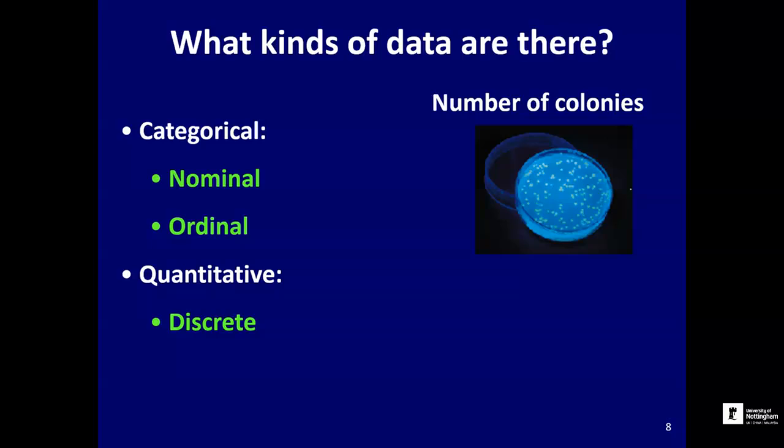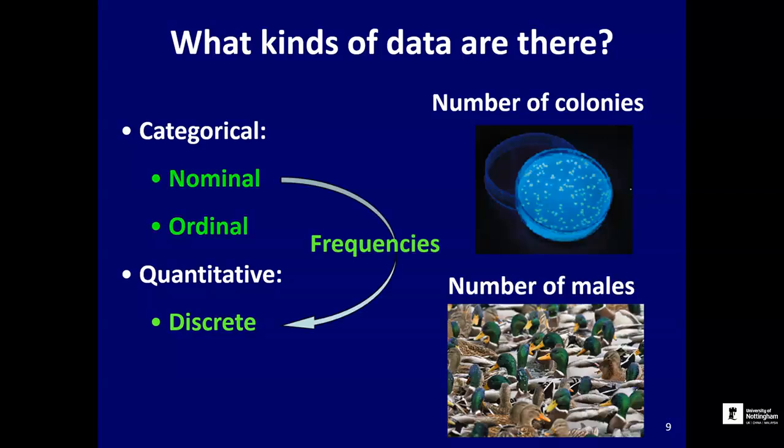I might have 3 colonies, or I might have 300, but you can't have every possible value of that numerical variable. I can't have -6 bacterial colonies, and I can't have 0.2 bacterial colonies. In fact, there are a number of discrete possibilities. I can have 0 or 1 or 2, but nothing in between, and I can't have negative. So this is a classical discrete variable, a quantitative discrete variable.